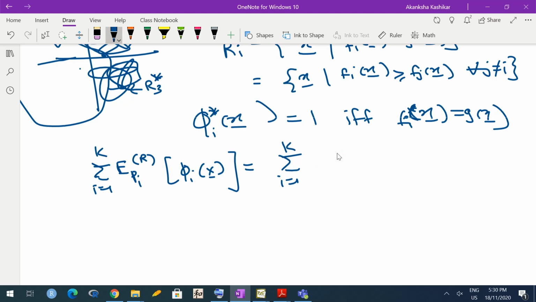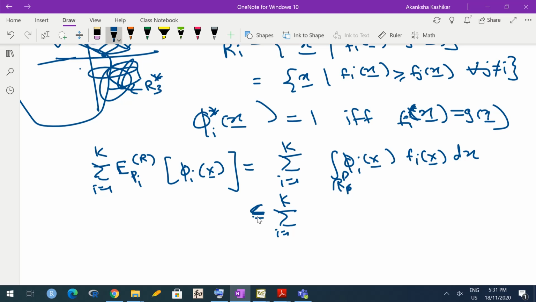Let us write down the expectation. So the expectation can be written as the integral of phi i(x) fi(x) dx. The integral is over the entire R^p. I am just writing down the formula for expectation in terms of an integral. Now can I say that this is less than or equal to the integral of phi i(x) G(x) dx over R^p?